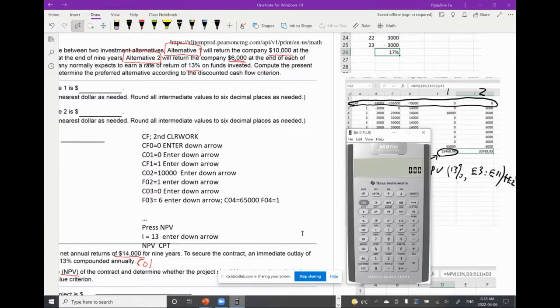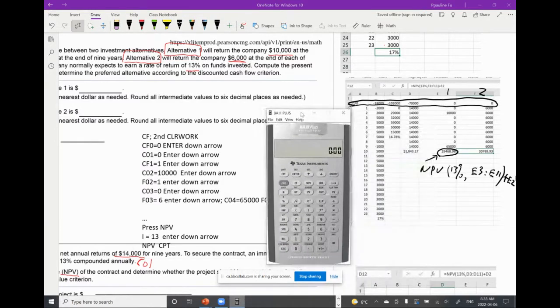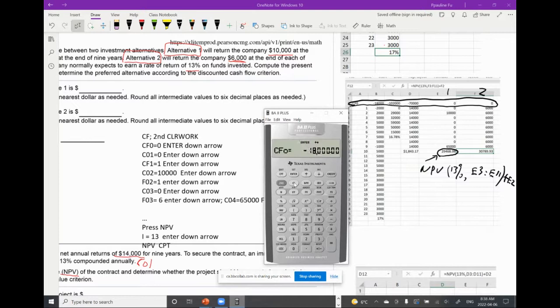So I will press the CF button. Each time after you press CF, you have to press second clear work. Then you do alternative 1. CF0 is 0, enter, down arrow key.